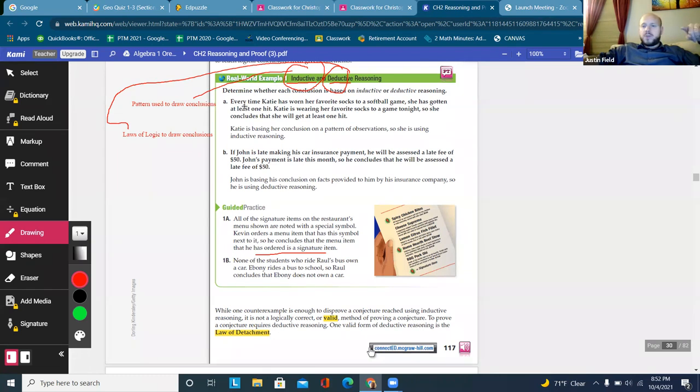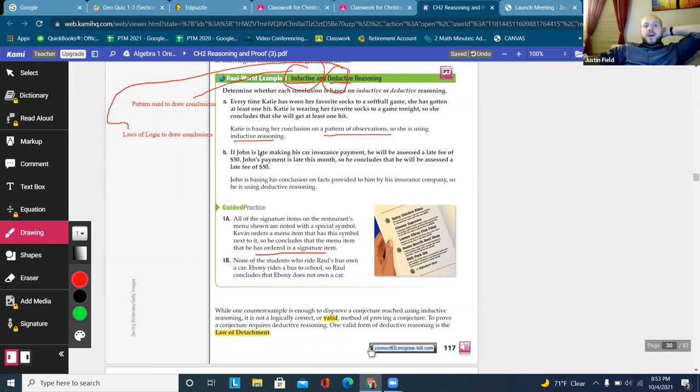Every time Katie has worn her favorite socks to a softball game, she has gotten at least one hit. Katie's wearing her favorite socks to a game tonight, so she concludes that she'll get at least one hit. Katie is basing her conclusions on a pattern, there you go, of observations. So she's using inductive reasoning.